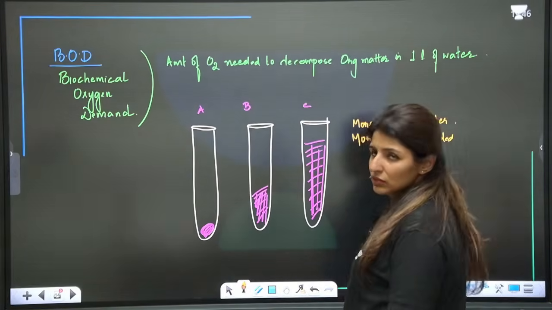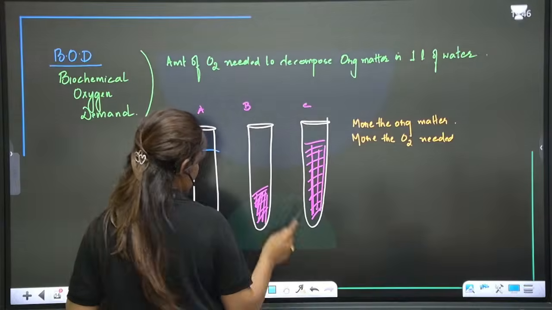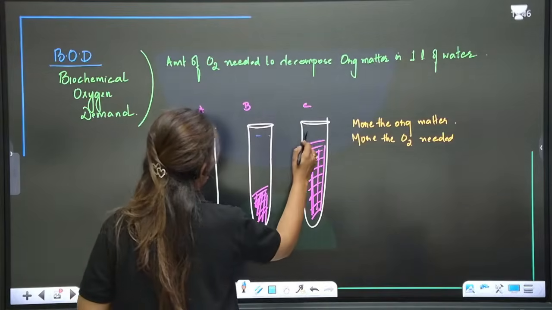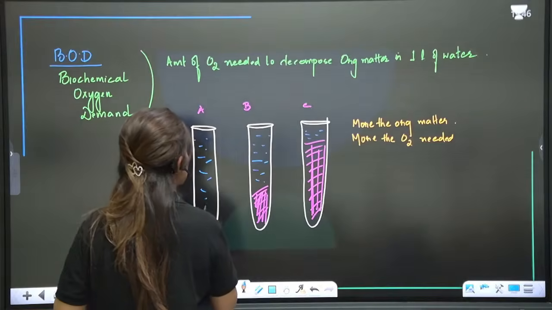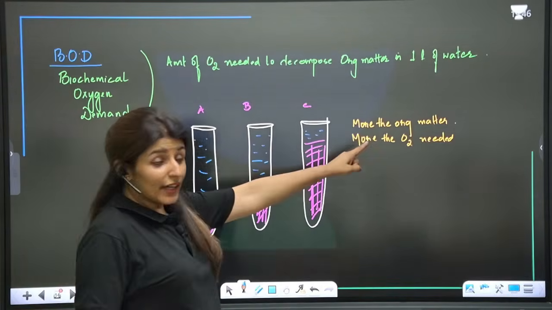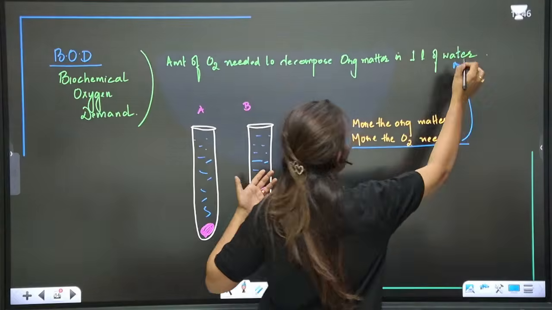Let's say I have taken an equal amount of water in all of these, but the rest of the test tube is filled with organic matter. So the more the organic matter, the more the oxygen needed, and this is what BOD is.